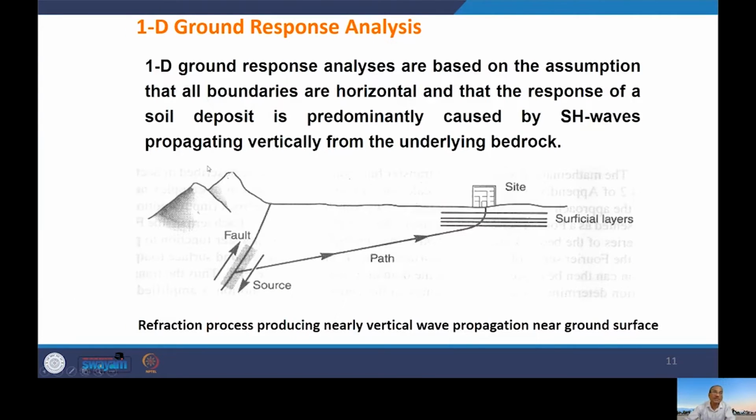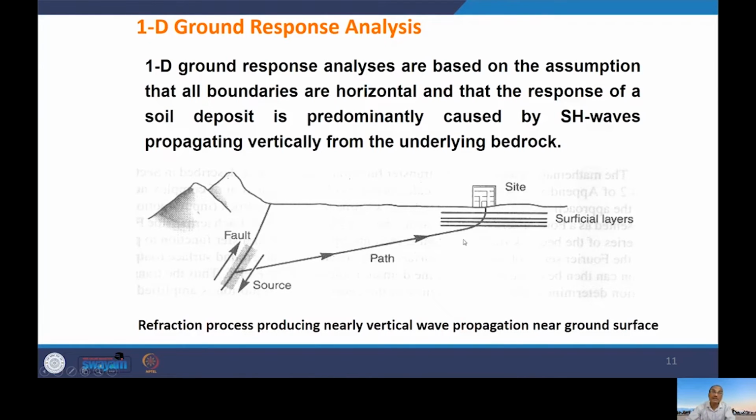This is the figure showing 1D ground response analysis. This analysis is based on the assumptions that all boundaries are horizontal and the response of the soil deposit is predominantly caused by SH waves propagating vertically from the underlying bedrock. So here you have a fault, the source of the earthquake, and the waves are traveling from here towards the ground surface. Initially, these waves are inclined.